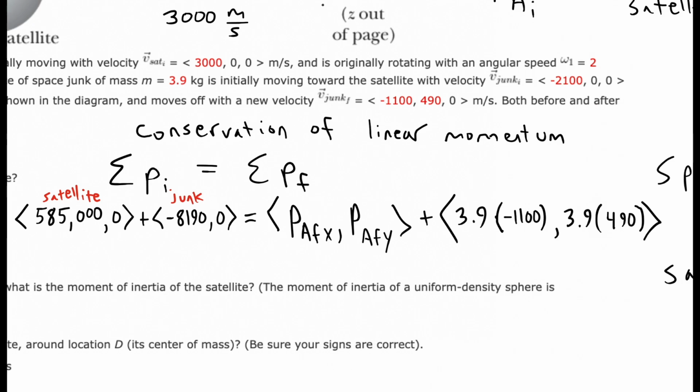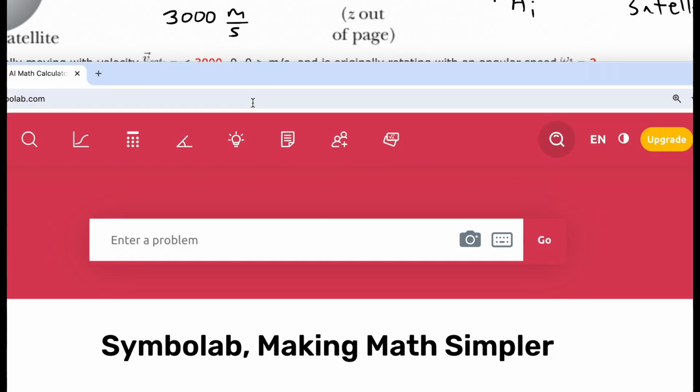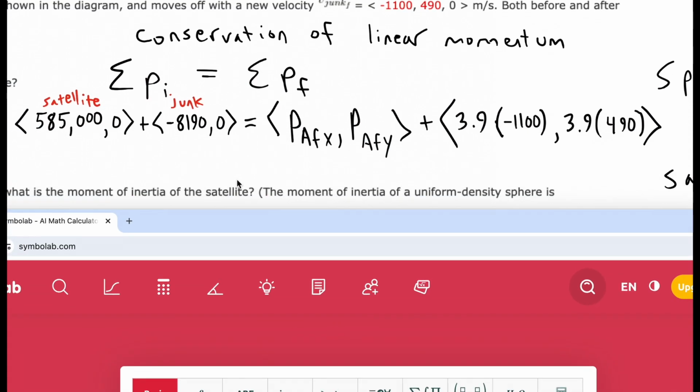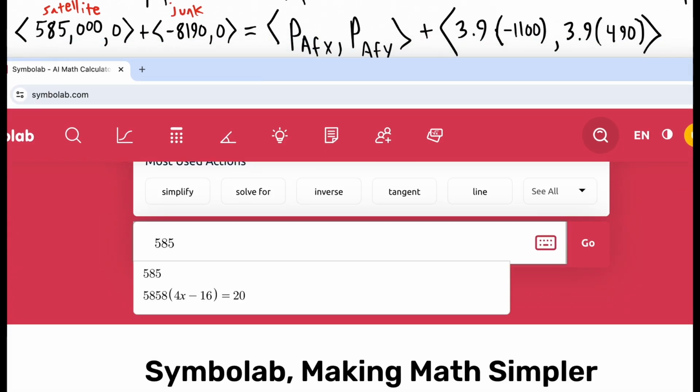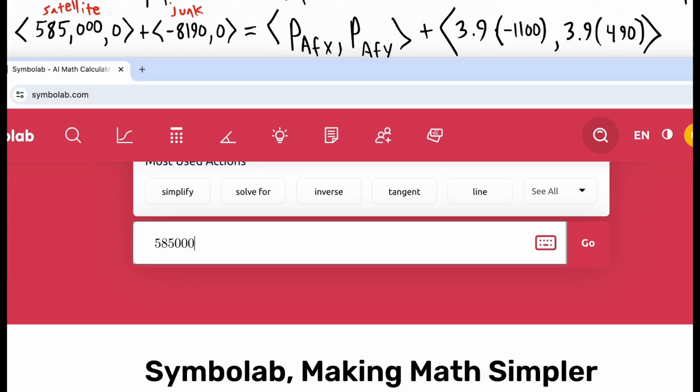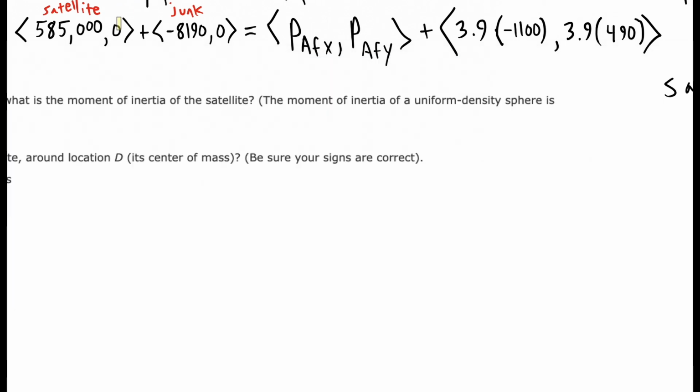I can do it very easily with an online calculator, such as Symbolab. I'll treat the x and y components separately here. So let's say 585,000 plus negative 8190 has to equal an unknown variable plus 3.9 times negative 1100. All I'm doing, of course, is combining the x components together.